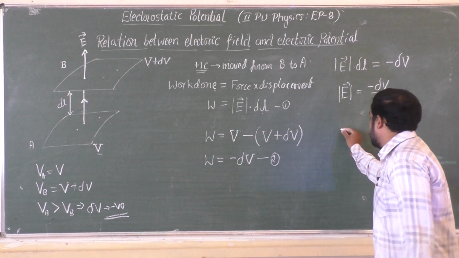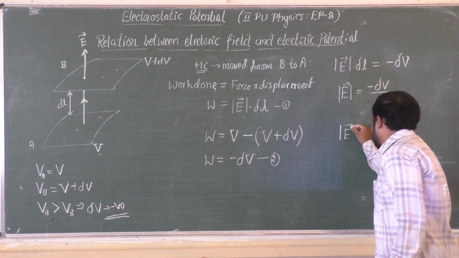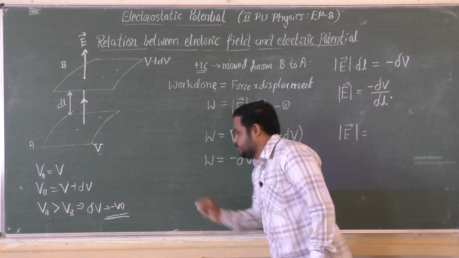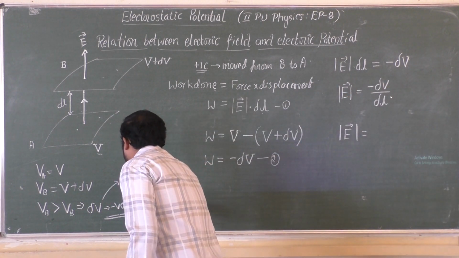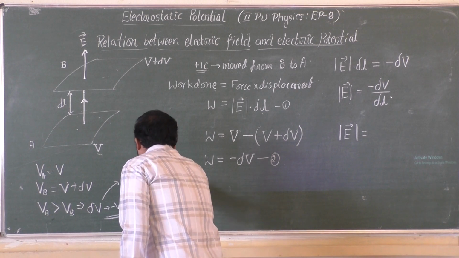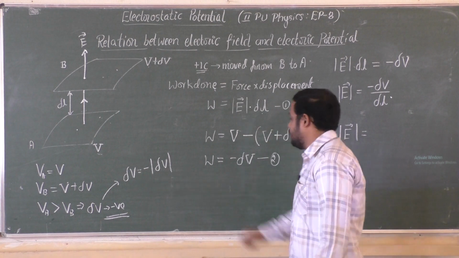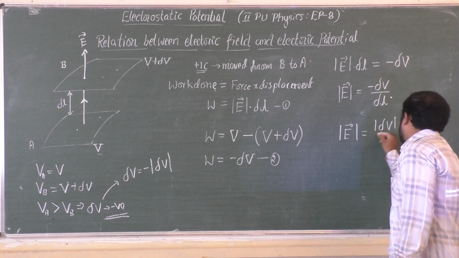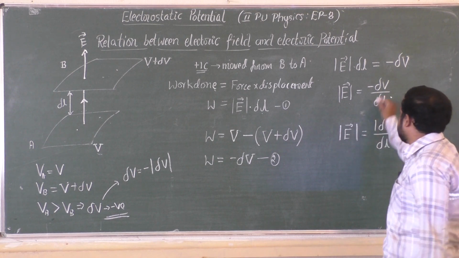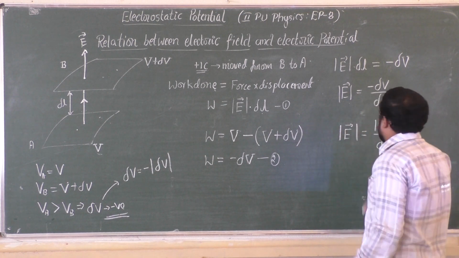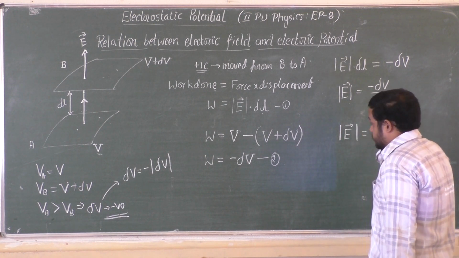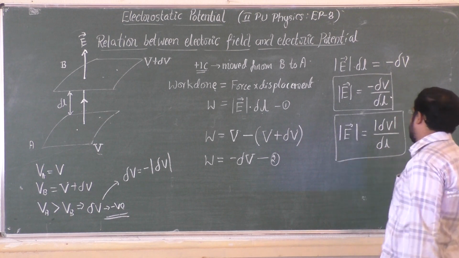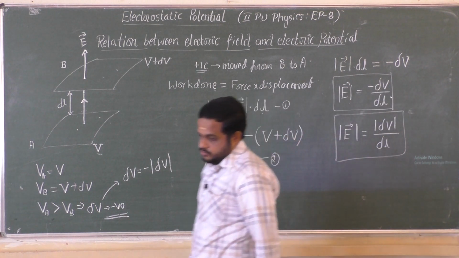Since delta V is negative, the magnitude of electric field E is equal to minus of the negative delta V, that is minus of the magnitude of delta V with a sign change, minus into minus becomes plus, so delta V divided by delta L. These are two equations connecting electric field and electric potential. E is equal to the magnitude of delta V divided by delta L.